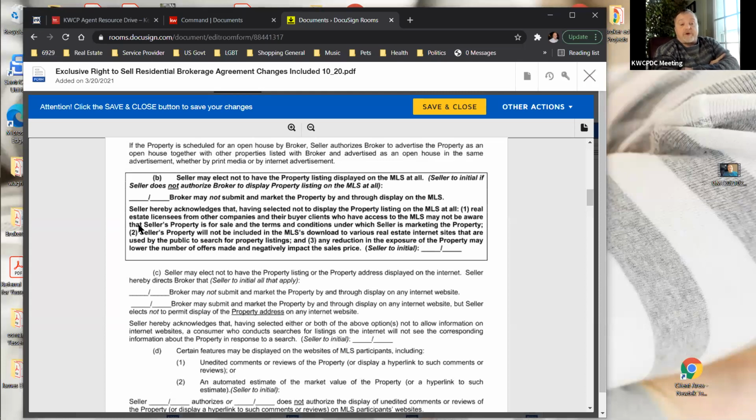Also, the seller's property will not be included in the MLS download to various real estate internet sites used by the public to search for property listings, and any reduction of the exposure of the property may lower the number of offers made and negatively impact the sale price.